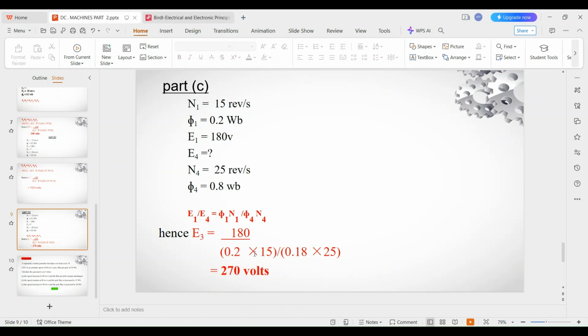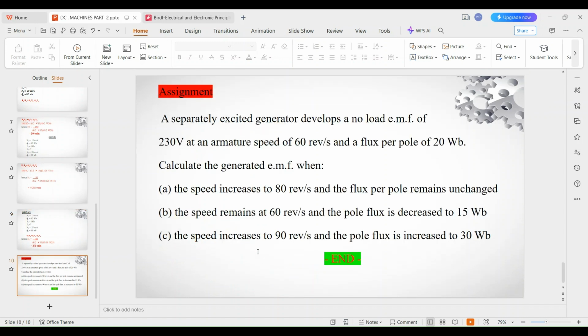And my class doesn't end without an assignment. So I have an assignment for you. A separately excited generator has a no-load EMF of 230 volts at an armature speed of 60 revolutions per second and a flux per pole of 20 Webers.